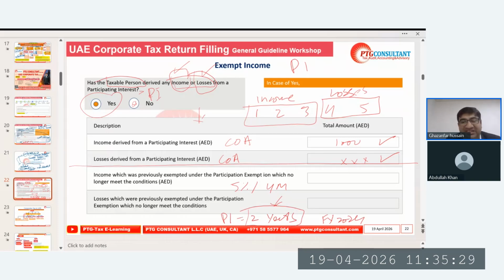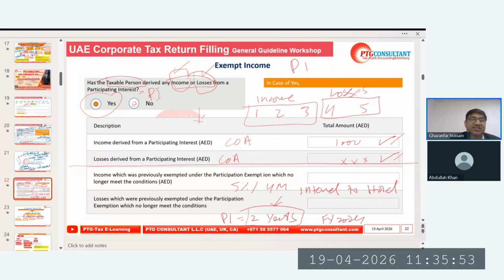So what they said is intent to hold for the 2 years. If we have the intent to keep the investment for 2 years, they said, okay, good to go. You can add here your income and losses and take the exemption.